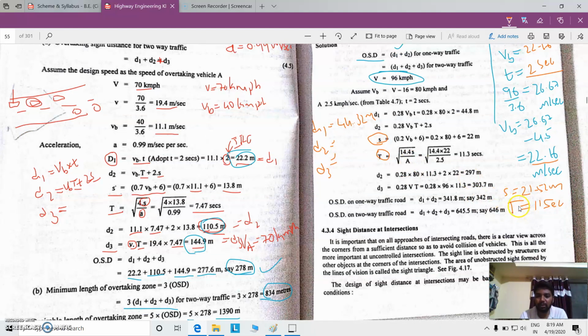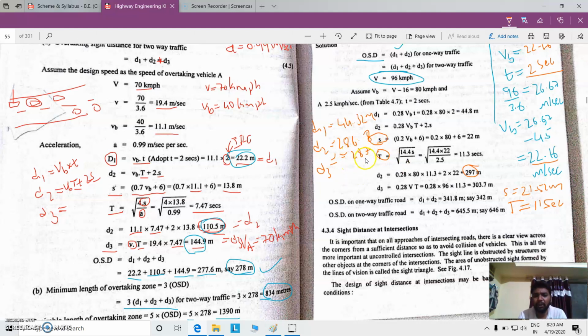Once you know these values, substitute in the d2 formula. d2 is 22.16 into 11 seconds plus 2 times s, 21.52, that gives 286.8 meters, rounding up to around 287 meters.